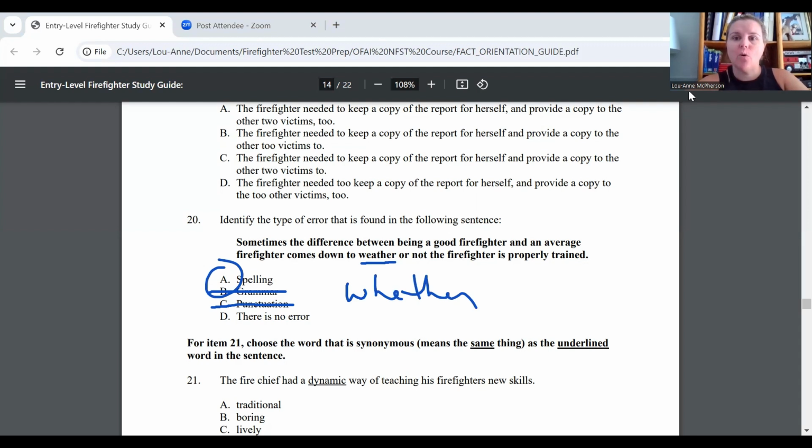It comes down to the choice of the firefighter being properly trained, or let's see, if is another way of saying it. It comes down to if the firefighter is properly trained. Okay, so weather, W-E-A-T-H-E-R, and whether, W-H-E-T-H-E-R, are one set of commonly confused or commonly misspelled words.